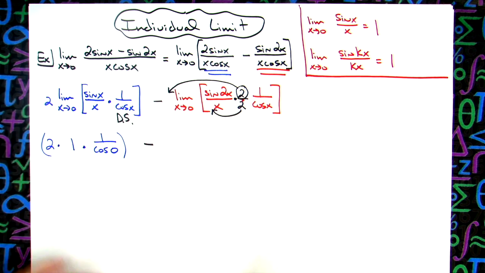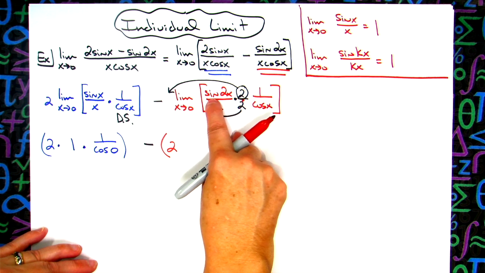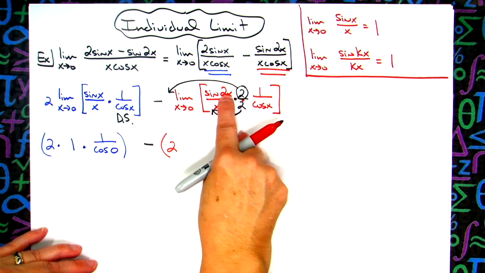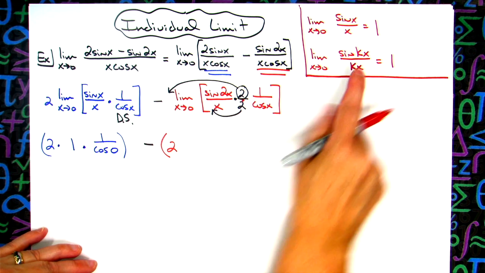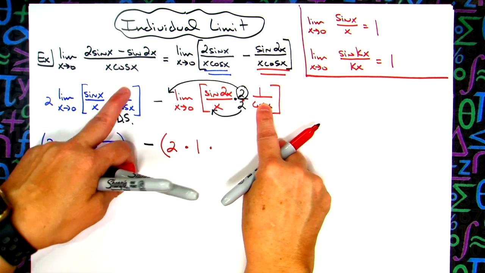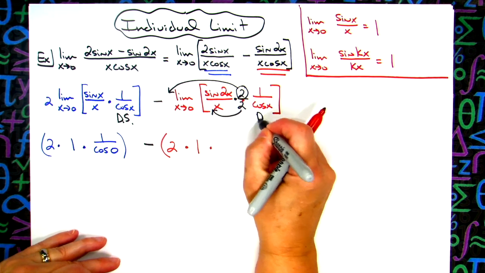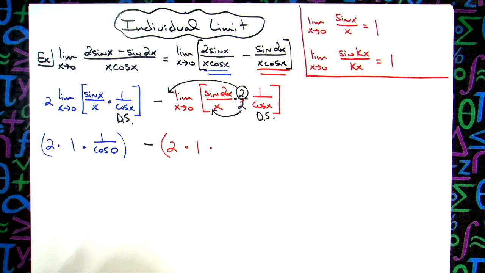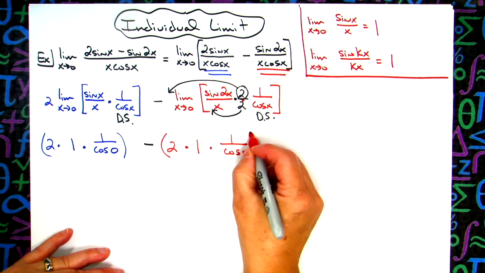So when I do that, I'll have the 2 out in front. I will then have the limit as x approaches 0 of sine 2x over 2x, which we know is 1. And on this one, it's just like right over here. I can do that direct substitution again. Plugging in a 0, I'll have a 1 over cosine of 0.